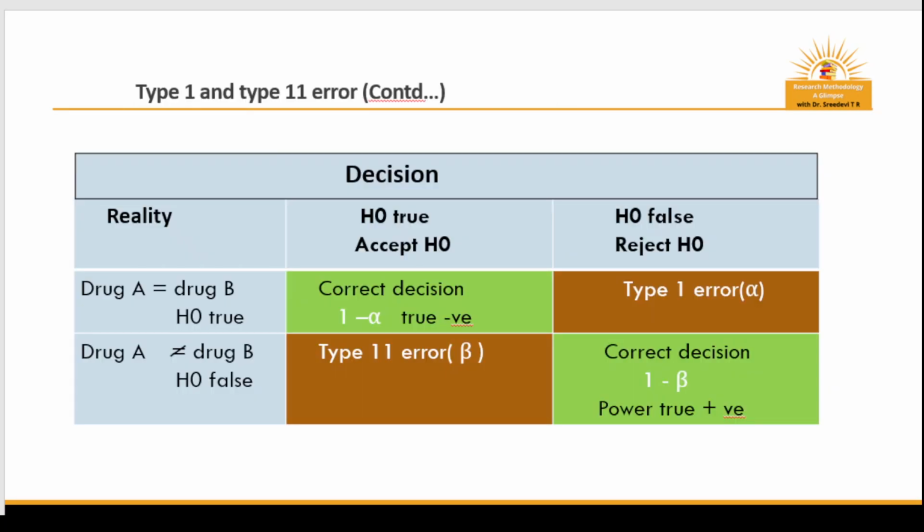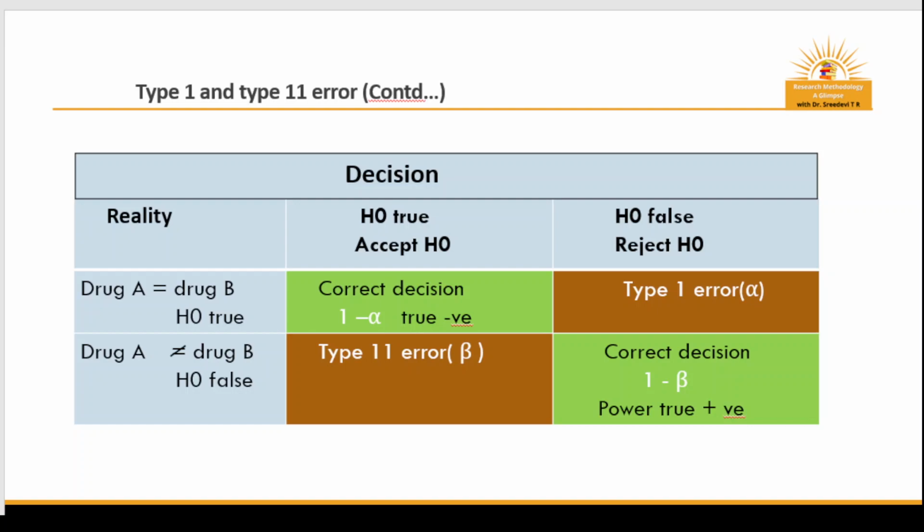Again, the same thing is depicted in this figure. That is, in reality, drug A is equal to drug B. H0 is true. The decision taken is accept null hypothesis. That is a correct decision. That is 1 minus alpha.